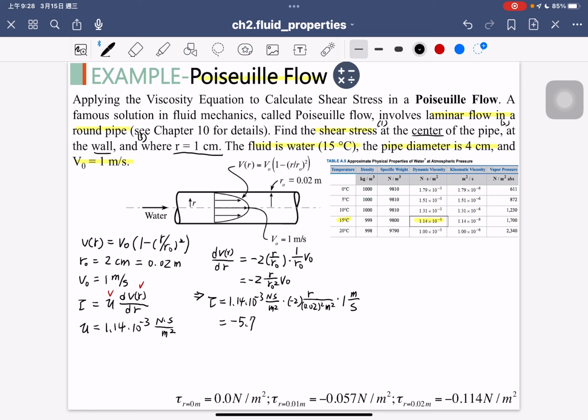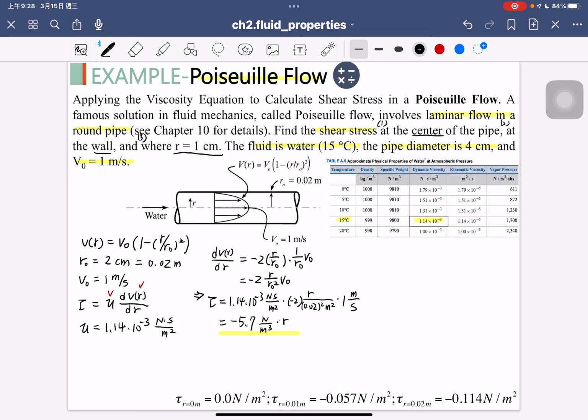You can see we only have a Newton, and this is meter cubic, and we still have the additional r. If you put the r inside the equation, the dimension will change to Newton per meter square, so the dimensions are consistent comparing the right hand side and left hand side. Okay, so this is a very important result, because later we are going to consider different conditions, different locations.